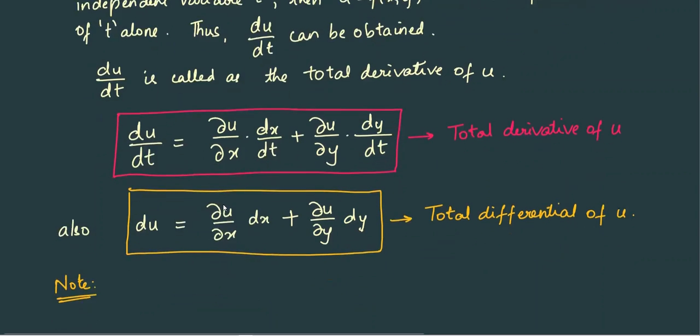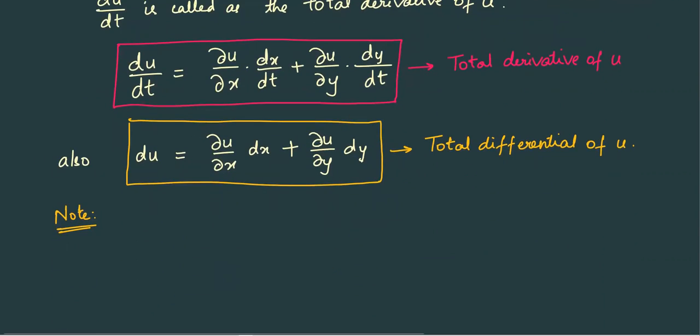Now, suppose I want to find, very important, du by dx, not ∂u/∂x, du by dx. How? We have to use the total differential.